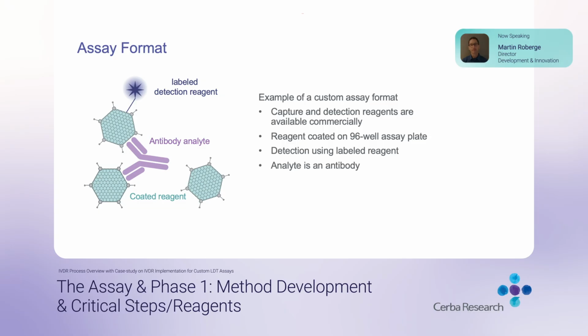The reagent is first coated on a 96 well plate and then detected using a labeled reagent. And in this case, we're using the analyte as an antibody. So we can think of any type of assay that uses an antibody or a different analyte. The same principles are going to be applicable for that kind of ligand binding assays. Slide.